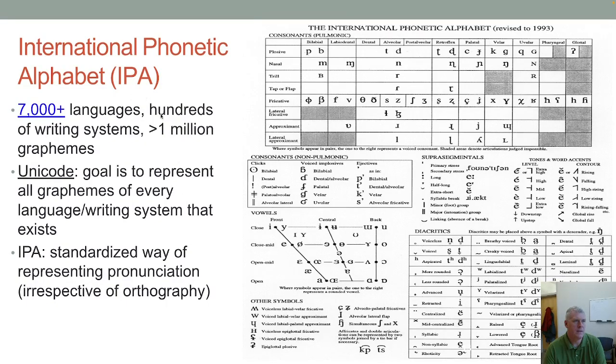And there are hundreds of writing systems. There are over 1 million graphemes, or different symbols. In English, we have 26 letters. But if we add up all the different symbols and letters and logographs in the languages, it's a lot.